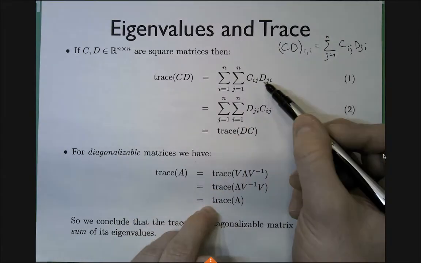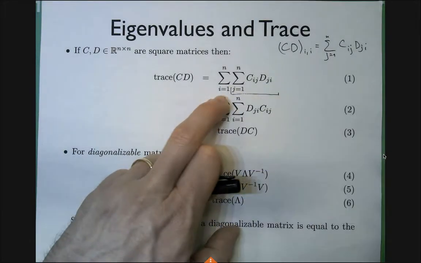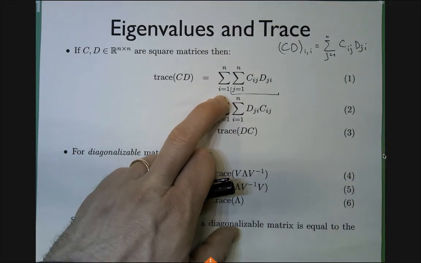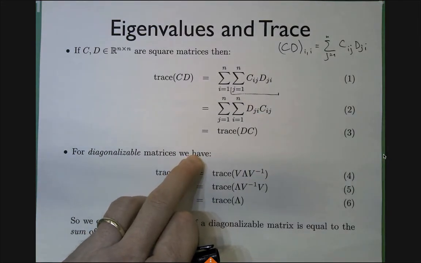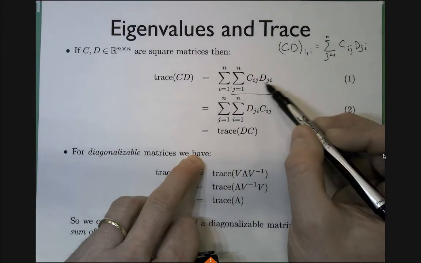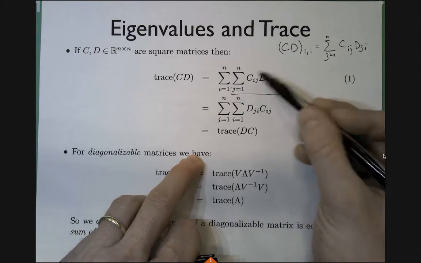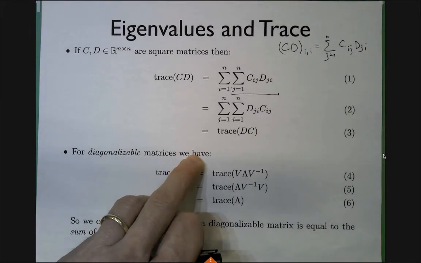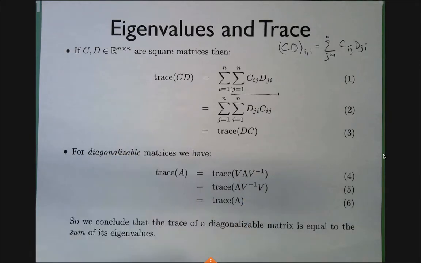That's exactly this sum, and due to the trace, you are summing over all diagonal elements. So that's where this formula came from. Now, these are of course real or complex numbers, so they commute. I can flip them, and I can also flip the order of the sums. And here I got nothing but the trace of DC, which is cool.